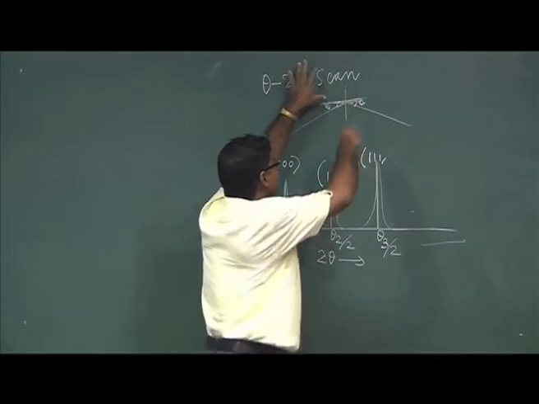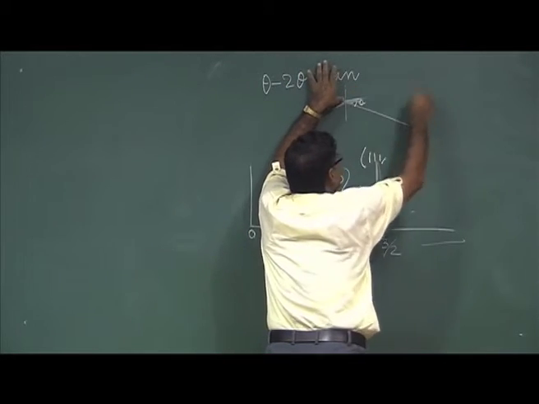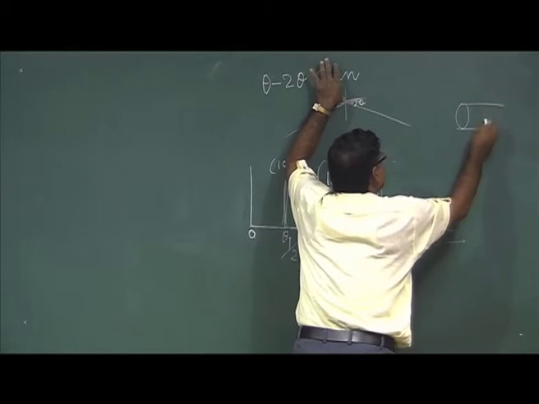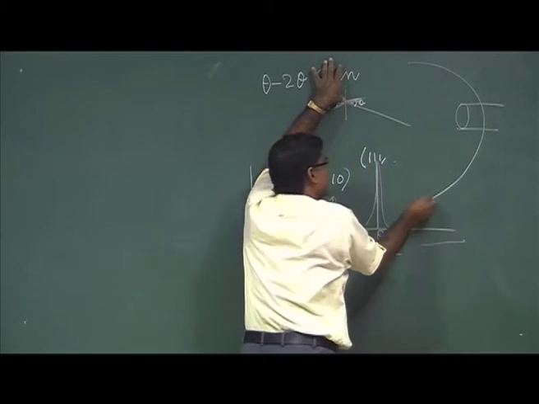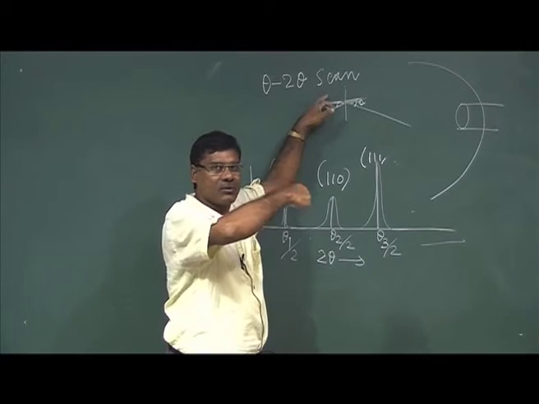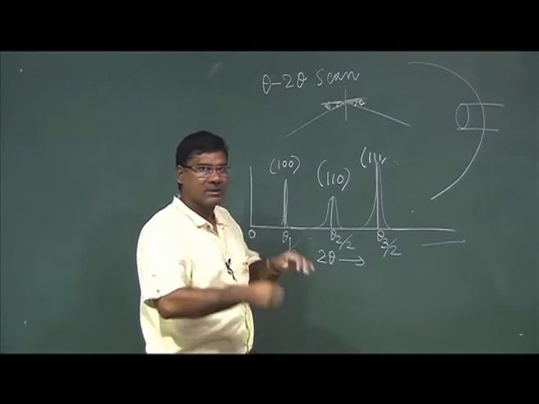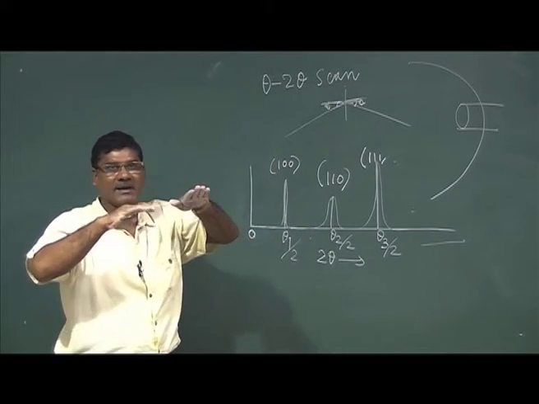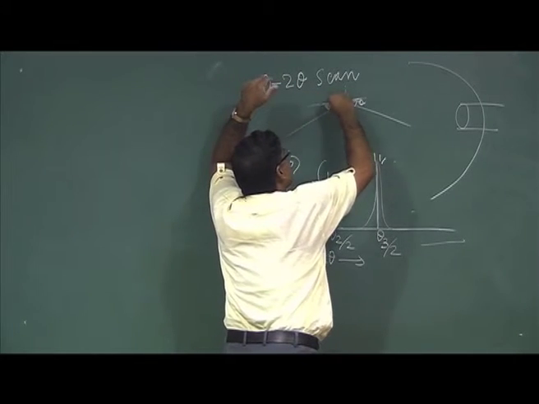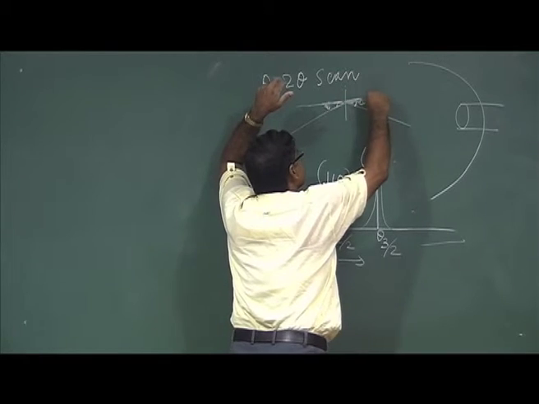Simultaneously, with respect to the same axis, the detector also rotates with angle 2 theta. So these two rotate simultaneously. Starting from the 0 angle, the X-ray is in this way.